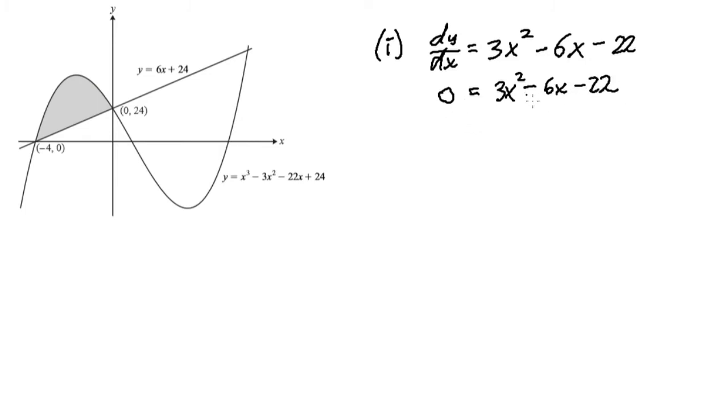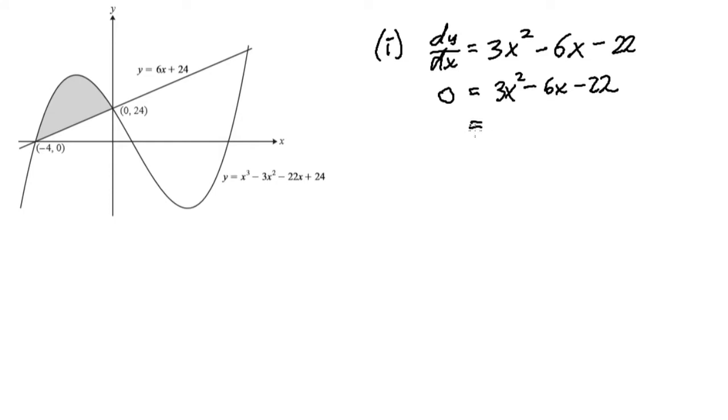So the way to do this, to find x, is just to use the quadratic formula. This quadratic looks pretty horrible, and I don't think it can be factorized into whole numbers.